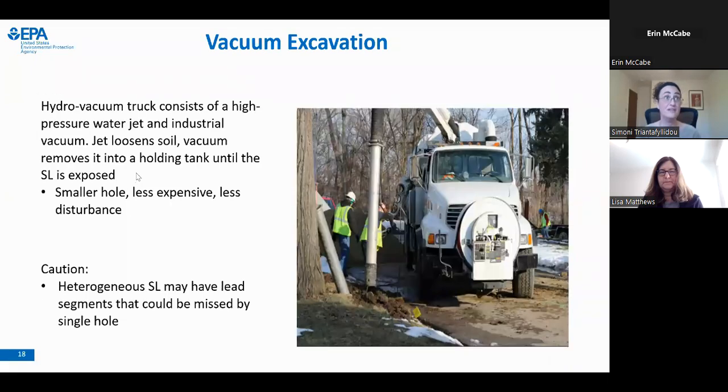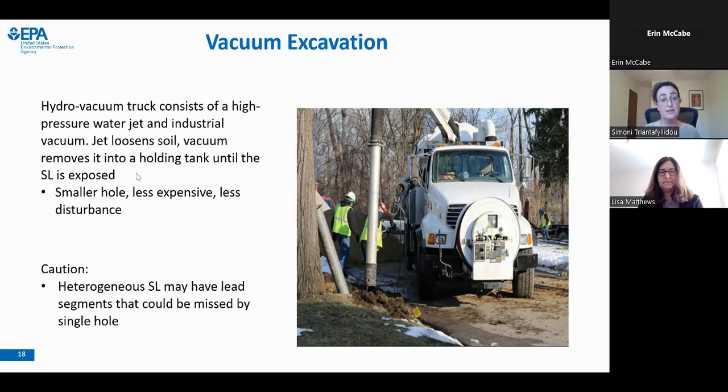So vacuum excavation is a different approach for excavation. Let's look at hydrovac, for example, and you can see in the photo a hydrovac truck. That consists of a high pressure water jet and an industrial vacuum. The jet basically loosens the soil. The vacuum removes it so that the service line is exposed and that it can then be visually identified.